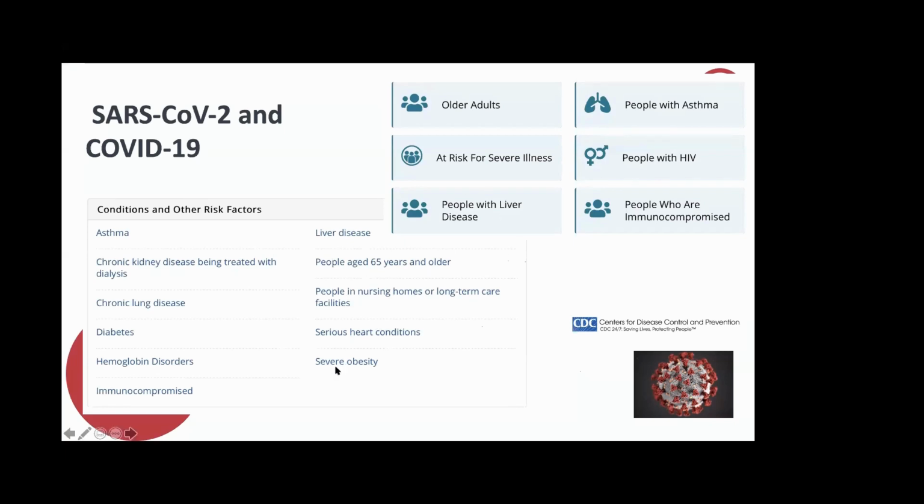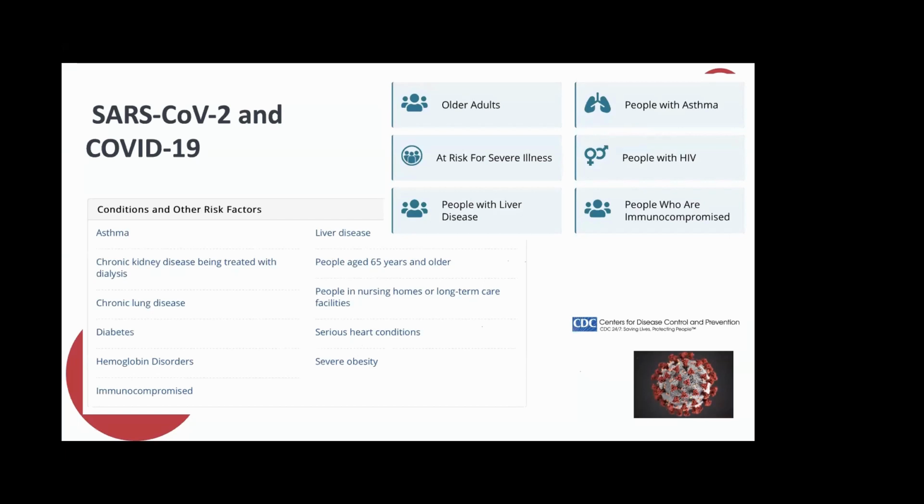When the disease had spread beyond China, severe obesity was identified as a risk factor, probably because obesity is not a major risk factor in the Chinese population. So if you look at the Chinese cohort, you don't see obesity as a risk factor, but when the disease had become pandemic and went into Europe, Australia, North America, obesity was a major risk factor.